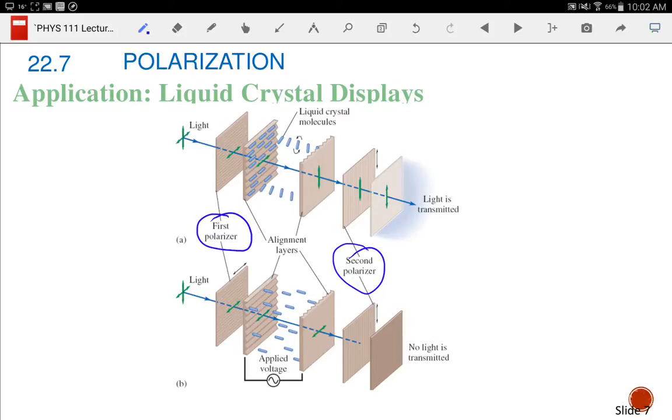So if you, for instance, had, let's say, a calculator, and it has a square window, you could pop the front window out, which has the polarizer in it, rotate it 90 degrees and put it back in, and it will change it to a reverse field. What was black becomes light, and what was light becomes black. Which is kind of cool.